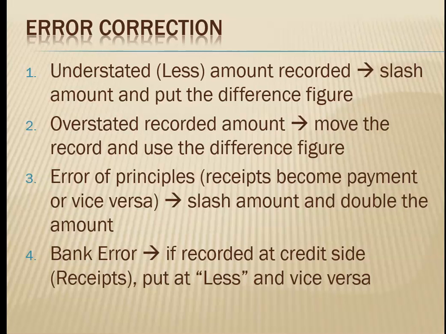Let's say you over received the money, so you need to put it on the less amount. You might be confused about the error correction. Never mind. We will look into an example of how to do the bank reconciliations.